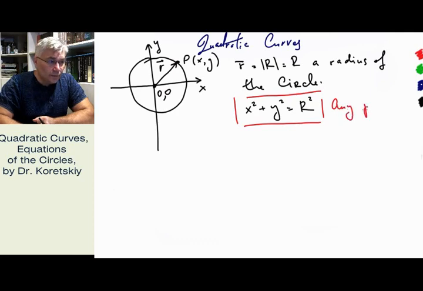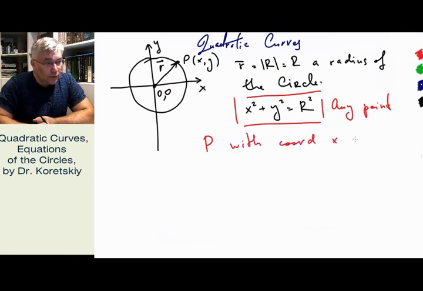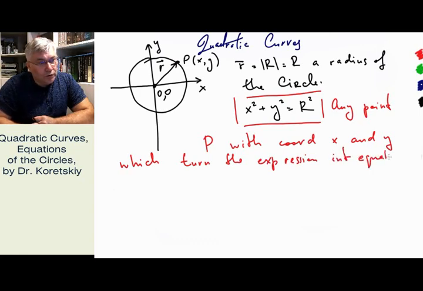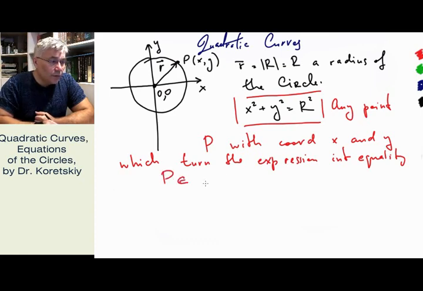Any point P with coordinates x and y which turn the expression into an equality lies on the circle.